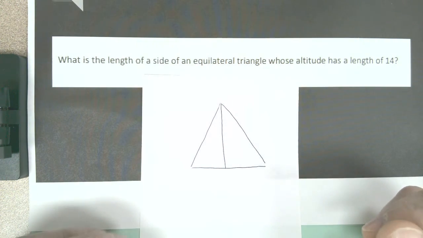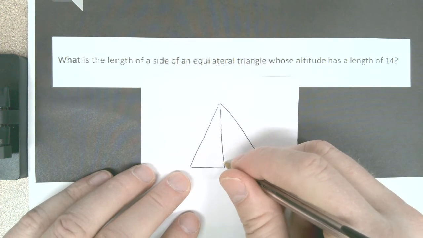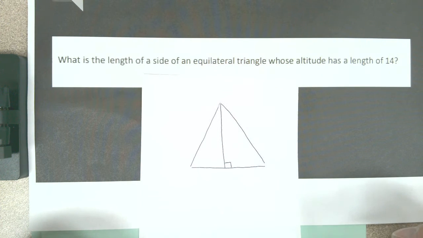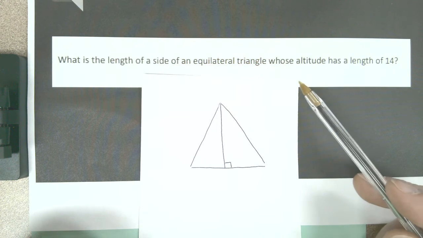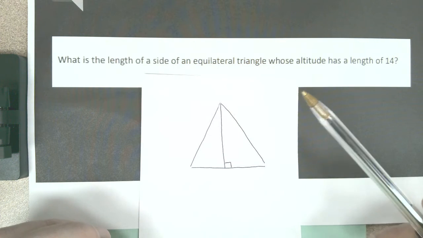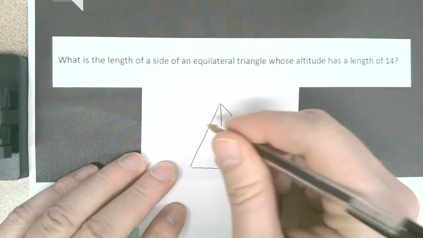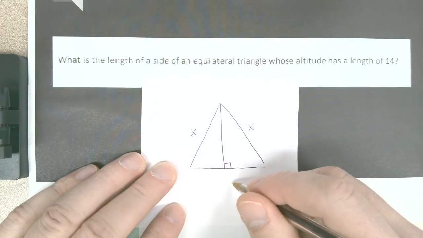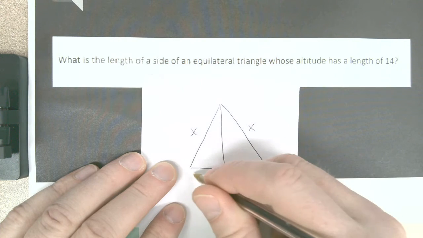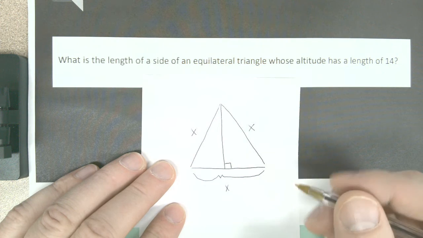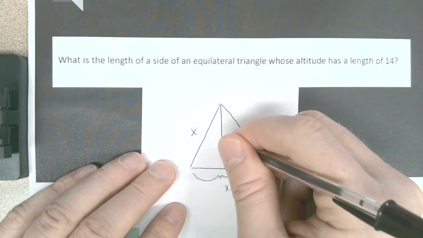The altitude of a triangle also always forms a perpendicular with the base, so it makes a right angle. We want to know here what's the length of the side. So again, I'm going to put X in here for all three of the sides. And they're telling us that the altitude is 14.